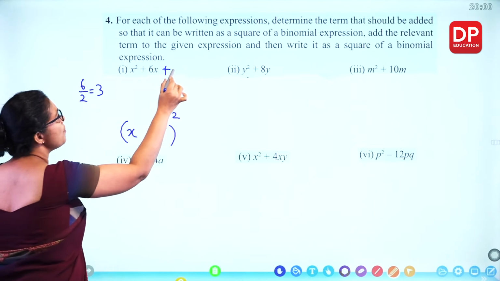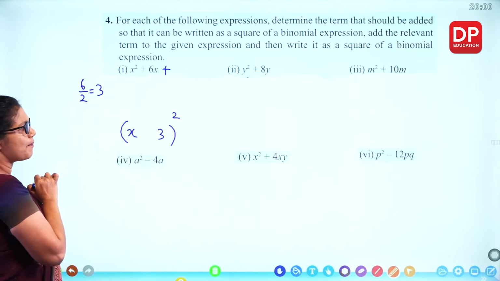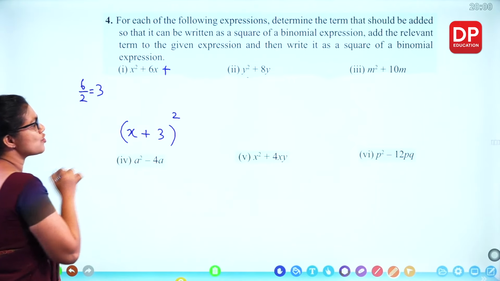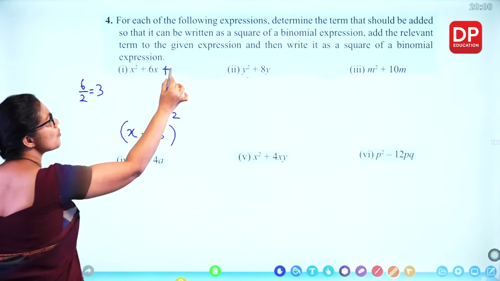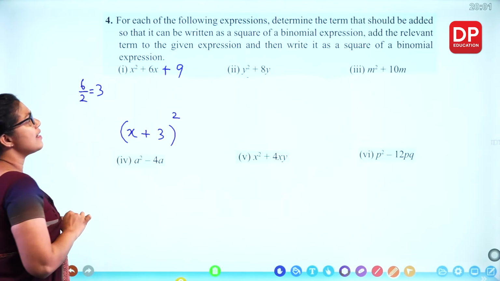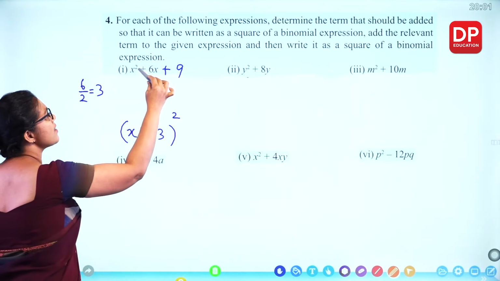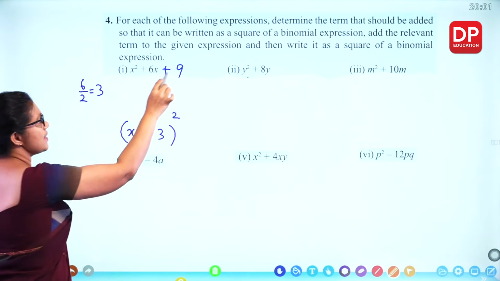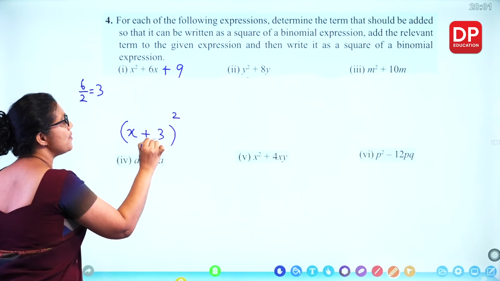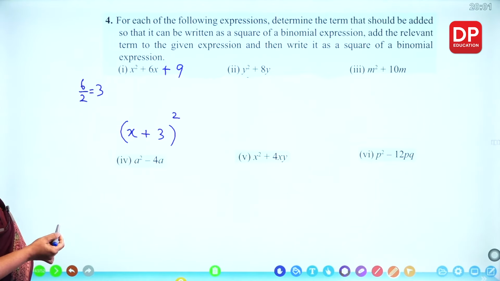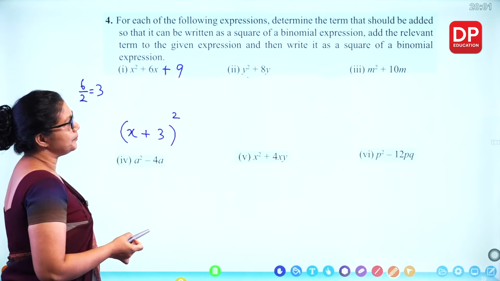So 3 should be this number. If this is 3 and this is plus, so this is also plus. So what is the square term here? 3 squared is 9. So you can start from here and then we can go back to the previous one. So from this you can find out the expression should be x squared plus 6x plus 9. Now again this one.